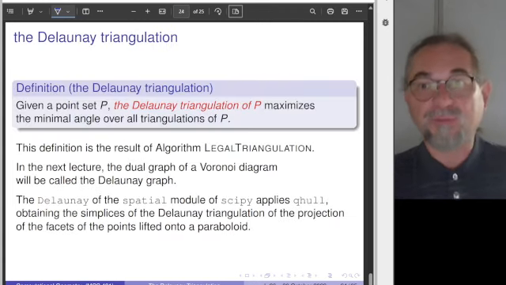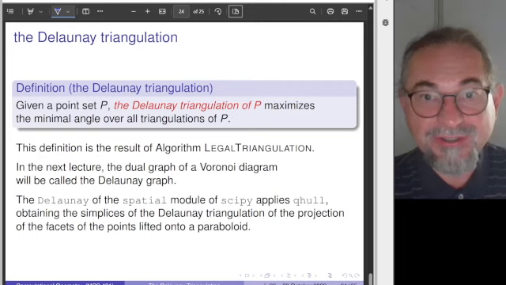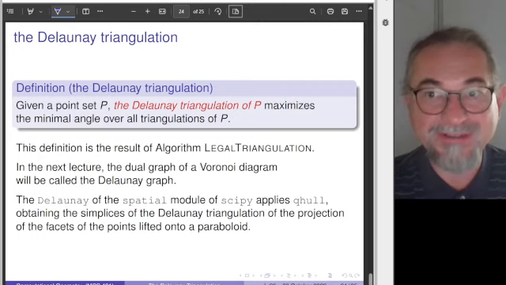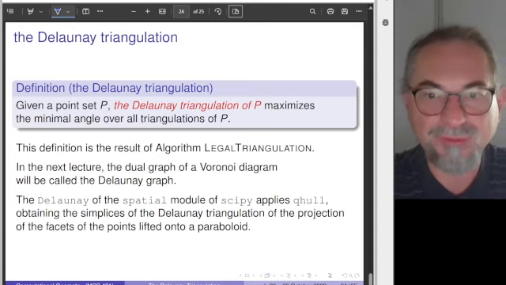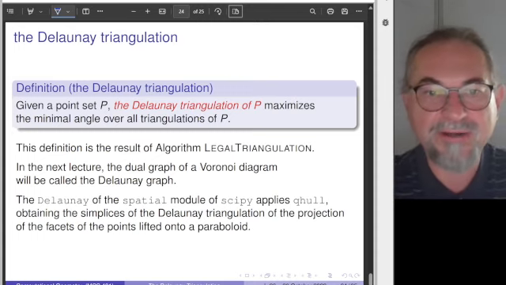Okay, so then what is a Delaunay triangulation? The book keeps a little bit of suspense here. It goes on to the dual graph of a Voronoi diagram, defining the Delaunay graph. That's what we will do in the next lecture.